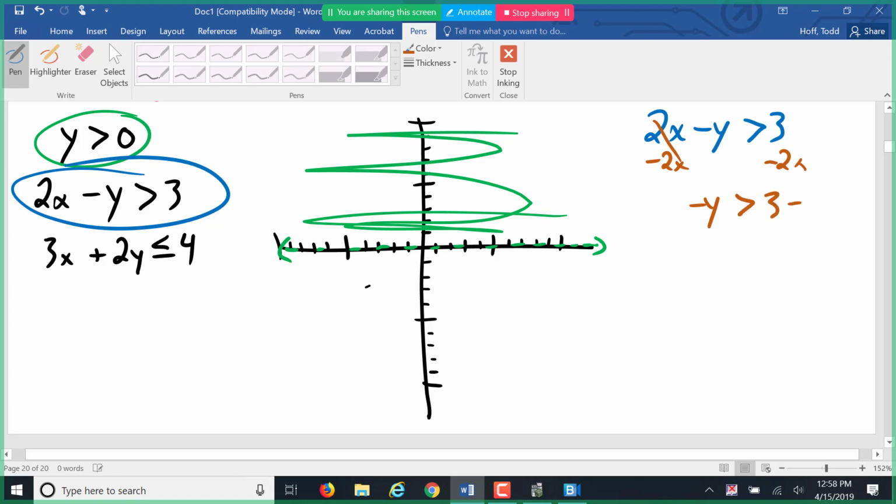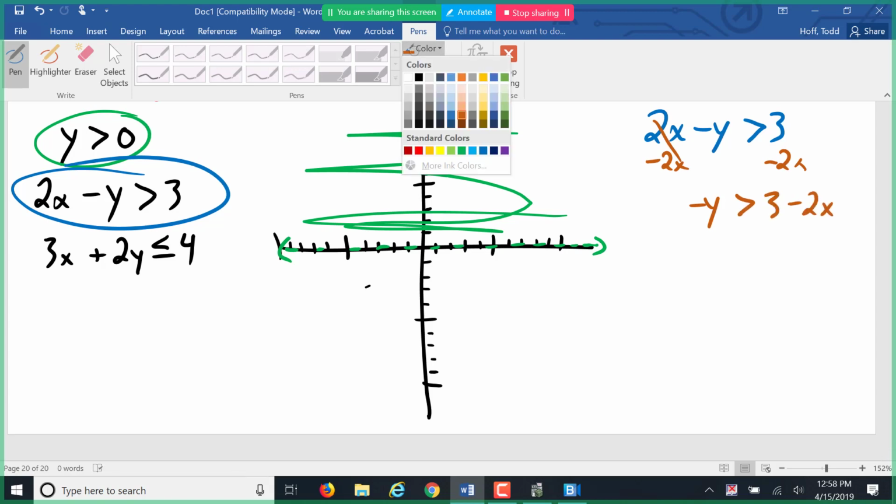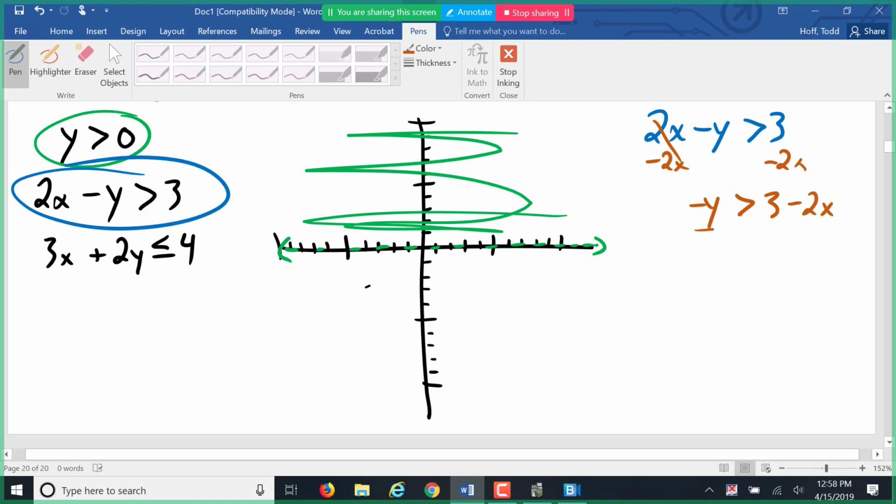Negative y is greater than 3 minus 2x. And we divide by negative 1 to get y by itself. Y is less than negative 3 plus 2x. So negative 3 up 2 over 1 looks like that. It's a dashed line because it's strictly greater than or less than.